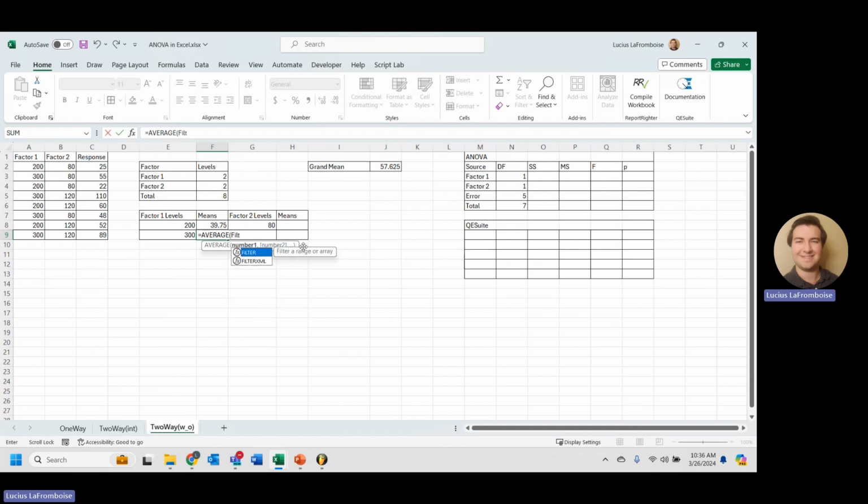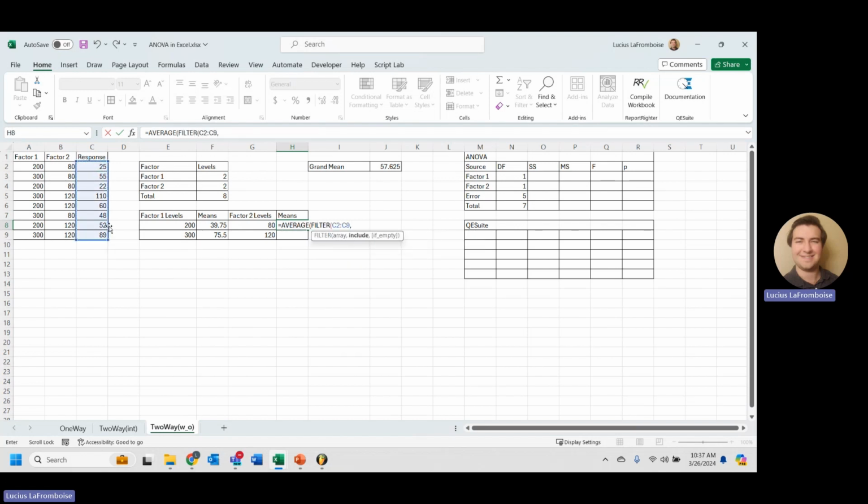Except the typo. And again, I'm going to take the average of the filtered array of responses based on whether or not our factor 1 level equals 300, and close those up. Now our means for the factor 2 levels is going to be exactly the same.